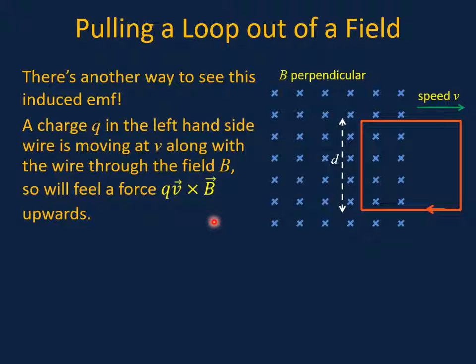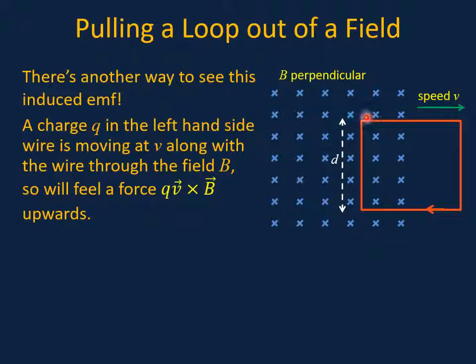And therefore, in terms of the Lorentz force, this moving charge experiences a force qv cross B. And since we've learned about the cross product and how to figure that out, the resultant of the cross product is such that the force will be upward.